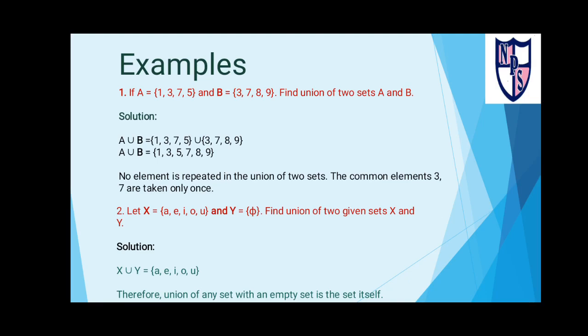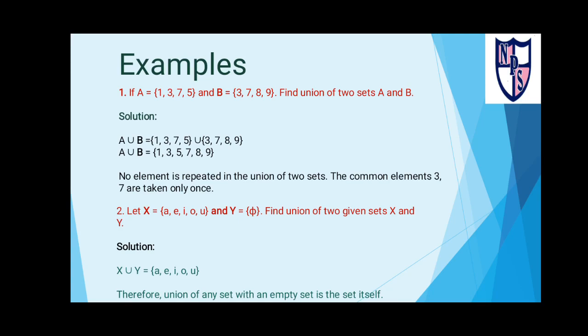Similarly, in the second example, we have two sets X and Y. X contains A, E, I, O, U and Y contains nothing. It means Y is a null set, or you can say Y is an empty set.